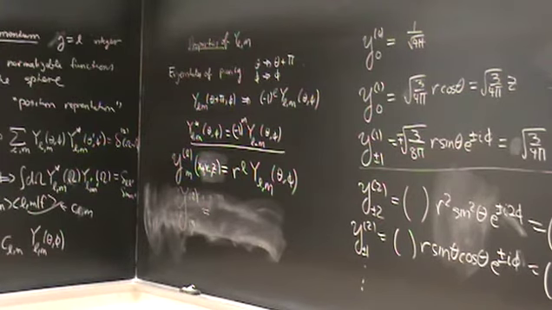Because my effective potential for a given value of L is just L squared over 2mr squared plus the potential.